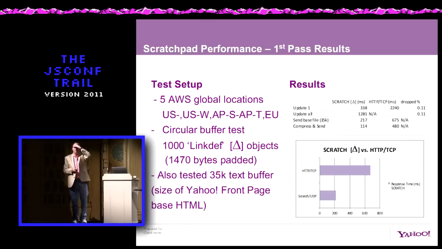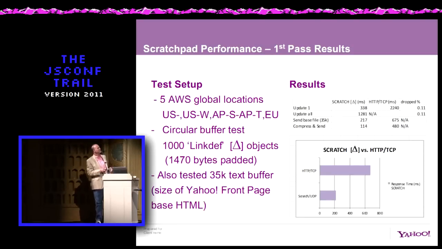Now, speed of light times around the world are not that much less than that, right? Same order of magnitude. The HTTP TCP method took 3 times as long. I don't think anybody's really going to be surprised about that. Sorry, I got to stay in the light here.